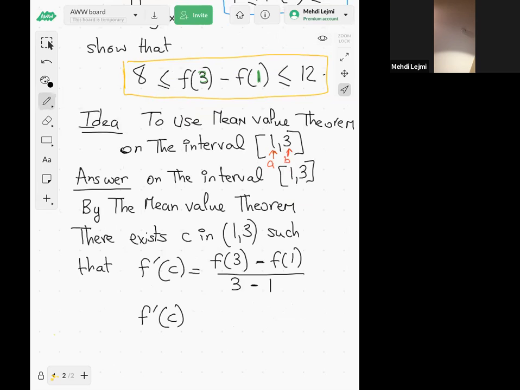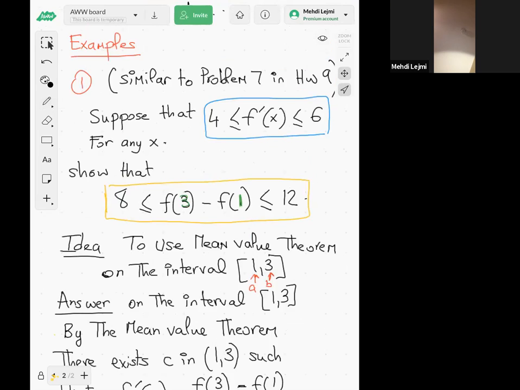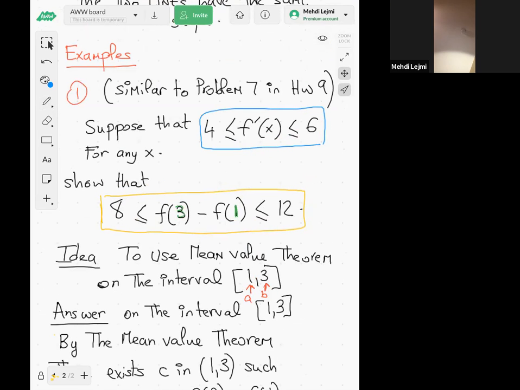So f prime of c is equal to f of 3 minus f of 1 over 2. But that's the mean value theorem. Then we have the hypothesis: in the problem, we suppose that the derivative f prime of x is always between 4 and 6.